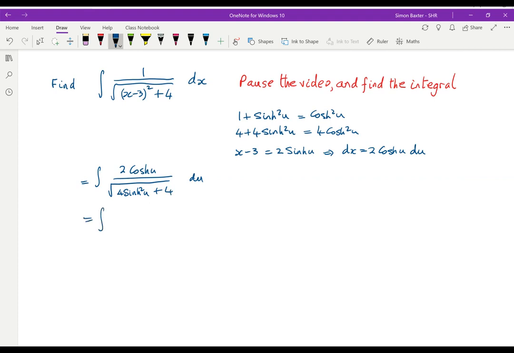The whole purpose of doing this: we've got the integral of 2 cosh u divided by the square root of 4 cosh squared u. That is just the integral of 1 du, which of course is u plus c. X minus 3 is 2 sinh u, so u is arcsinh of x minus 3 over 2, plus c.